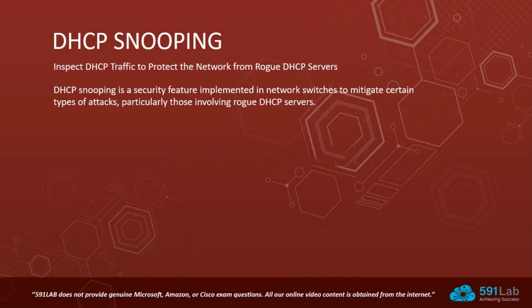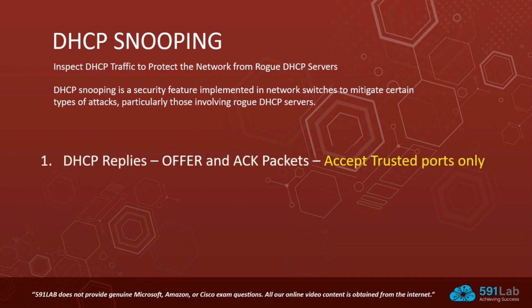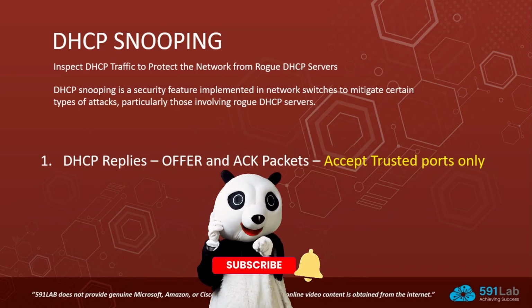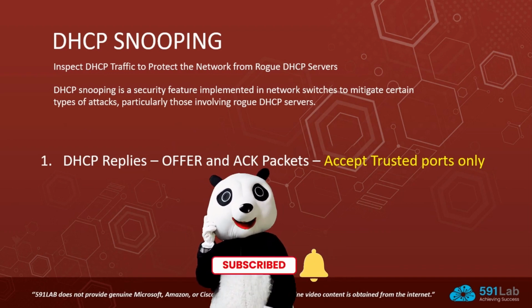By inspecting DHCP traffic, we can identify that there are two main categories of DHCP snooping. Category number 1, DHCP replies. This contains offer and acknowledgement packets, and it is accepted on FortiSwitch trusted ports only.